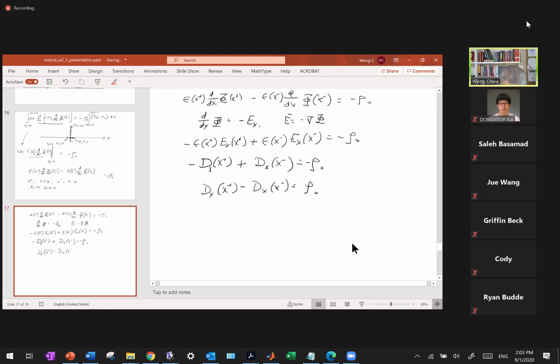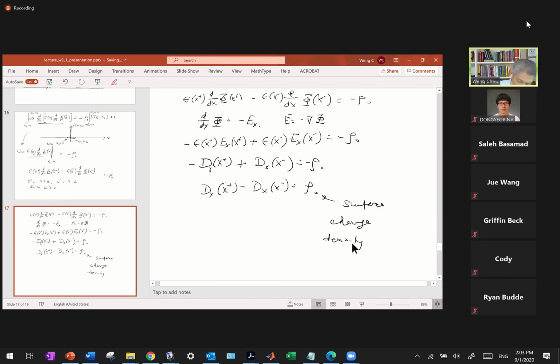Okay, this is the surface charge density. Any questions so far? If not, then let's move on to the next topic.